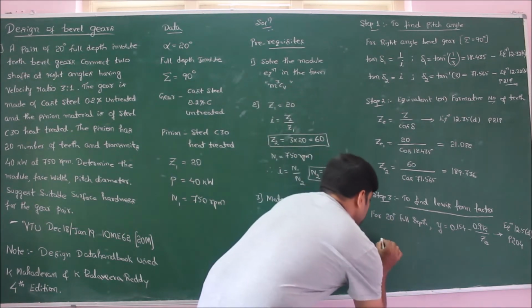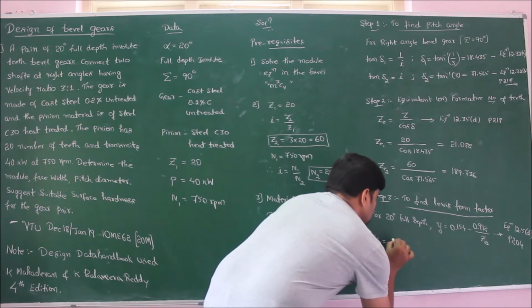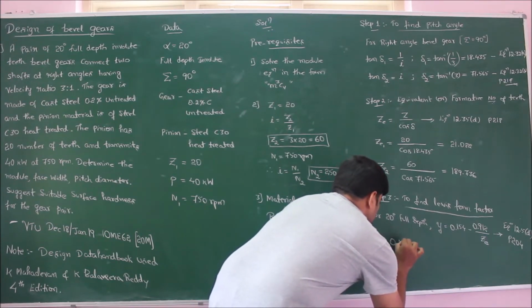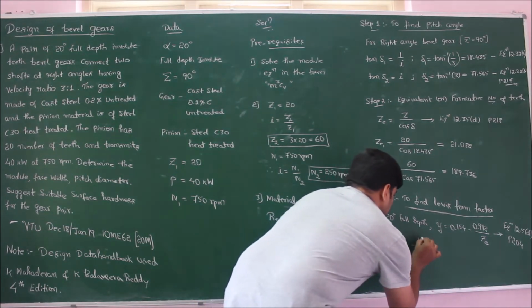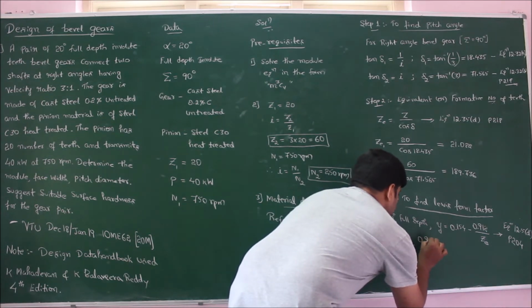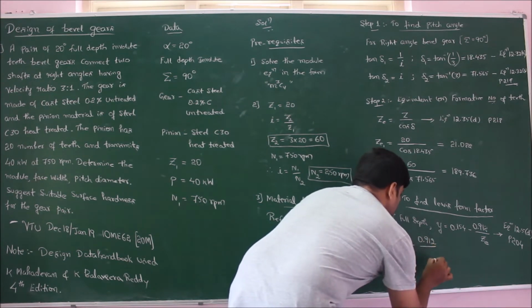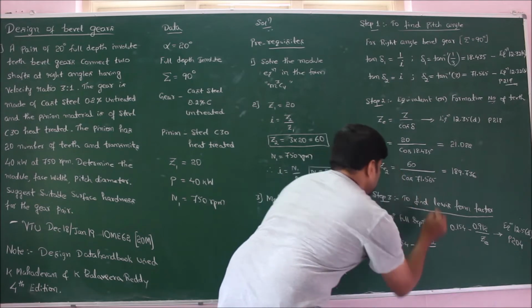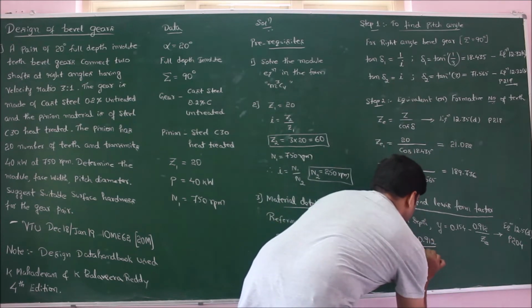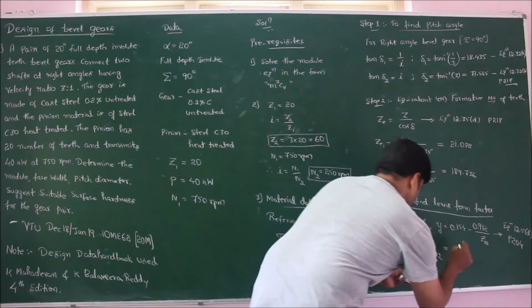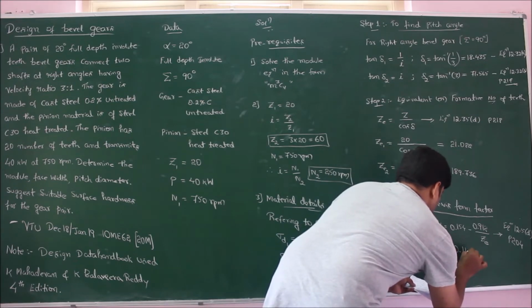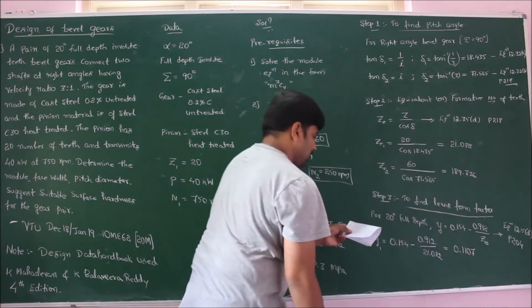That is, y1 is equal to 0.154 minus 0.912 by Z equivalent 1 is 21.082. So solving which, I will get y1 as 0.1107.